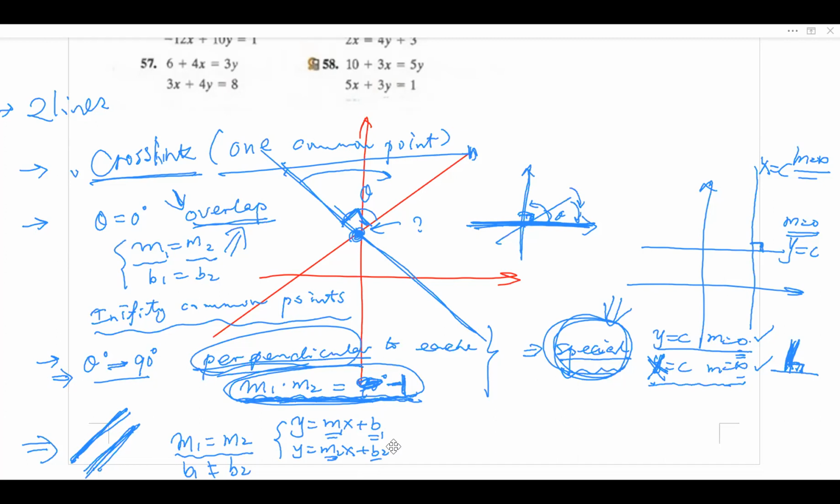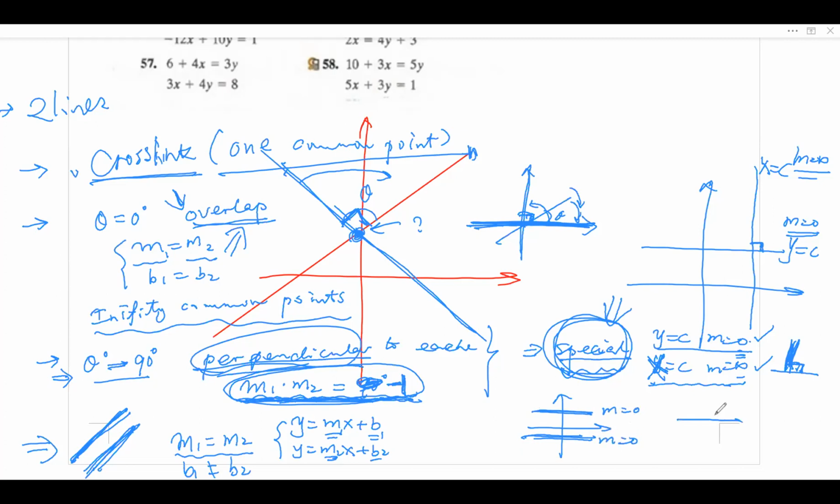Also, we need to see the special situation: when two lines are parallel and one is horizontal, the other line has to be horizontal as well. If m is 0, the slope is 0, the other one's slope should also be 0.